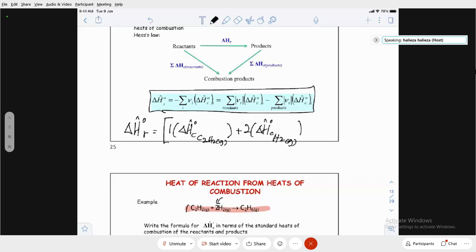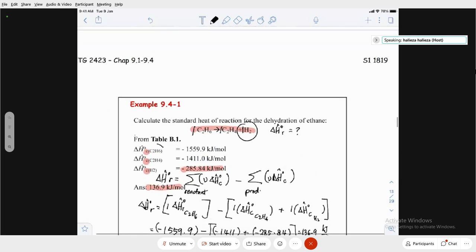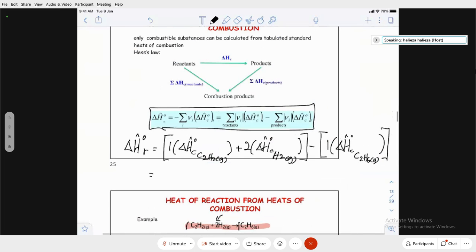Right? Proceed. And you have your product, C2H6, with 1 in front of it. So 1 times the heat of combustion of C2H6 gas, so that it will not be confused with the other C. Close the bracket. We got that value given earlier: C2H6 is negative 1559.9 from the previous example.